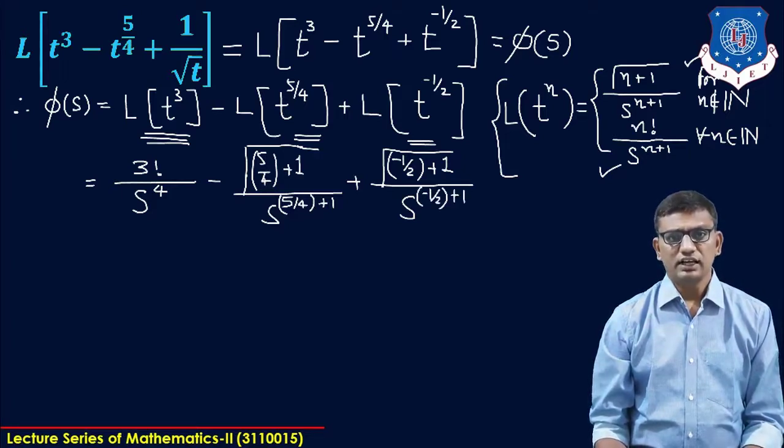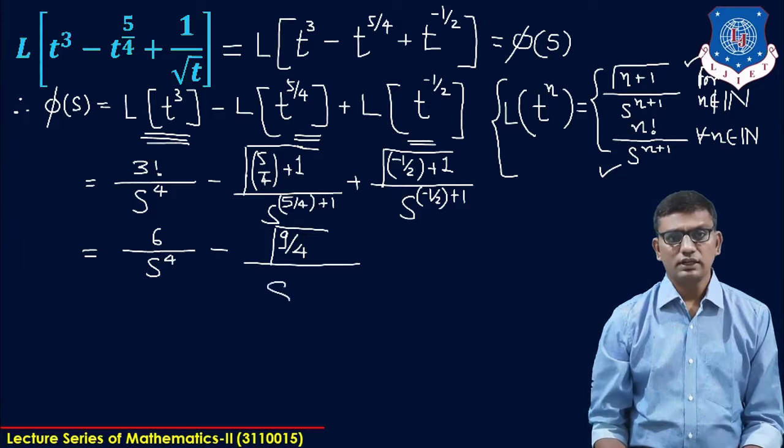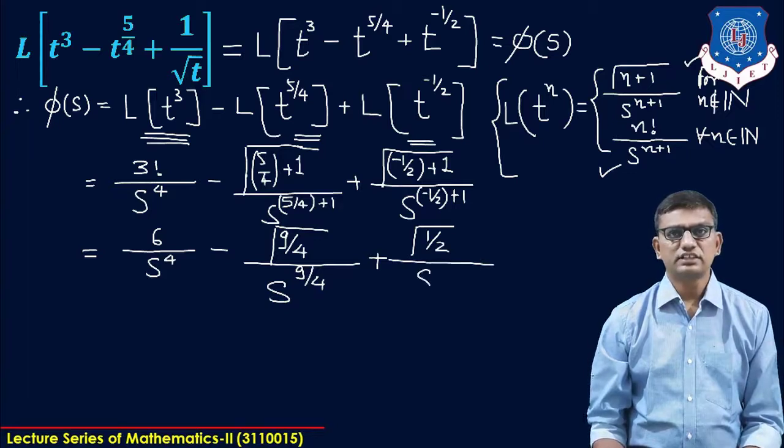So finally, after simplifying, we get 6, that is 3 factorial upon s raised to 4, and gamma of 9 by 4 upon s raised to 9 by 4 plus gamma of 1 by 2 upon s raised to 1 by 2.